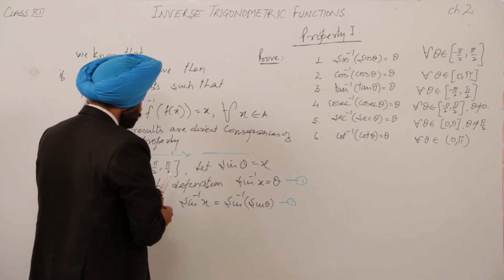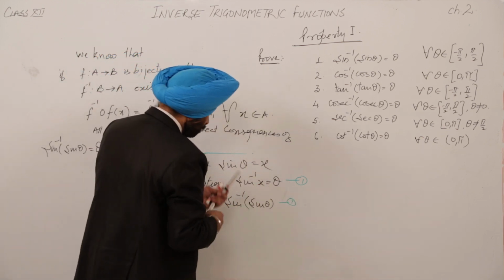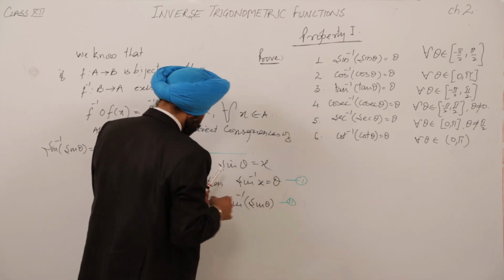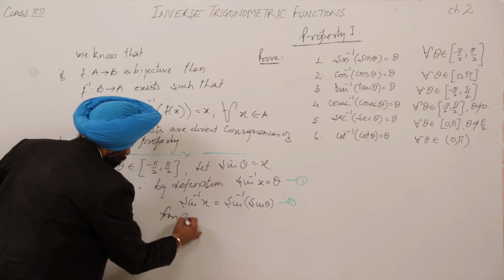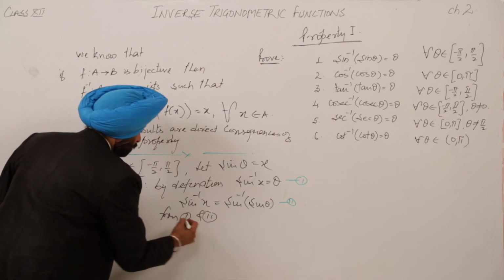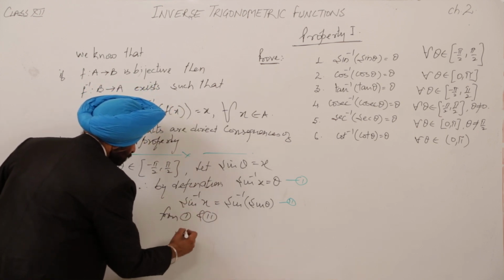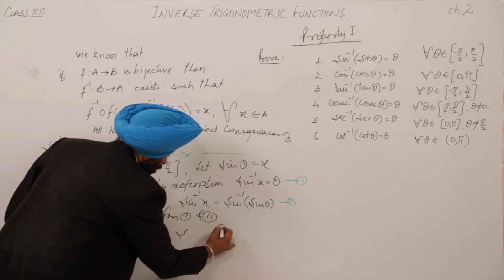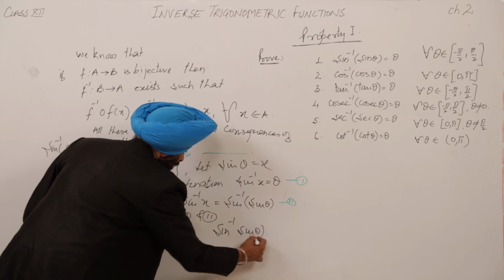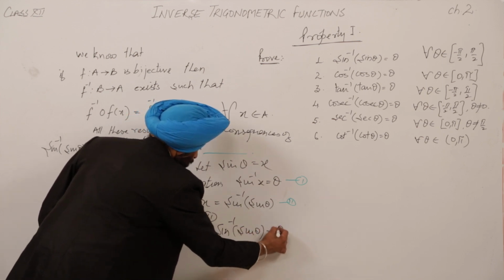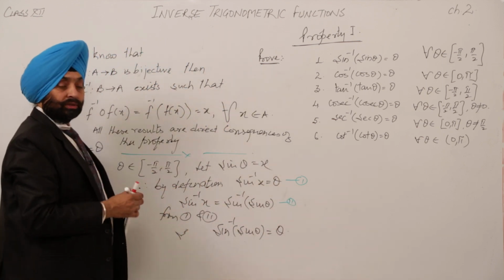So from 1 and 2, what are we getting? Sine inverse sine theta is equal to theta. So we got this.